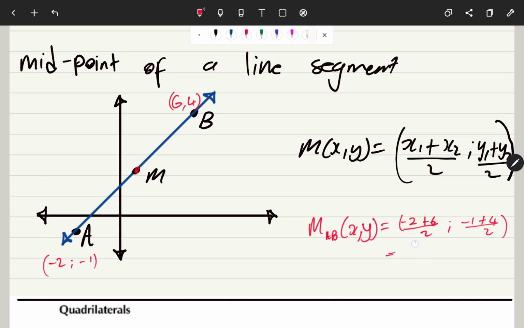So I'm going to have 4/2, and 3/2, right? And then my final point is 2 and 1.5. So this ends up being my final coordinates of this point, 2 and 3/2.